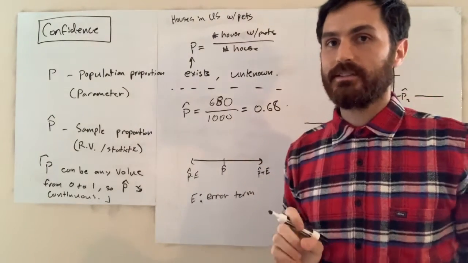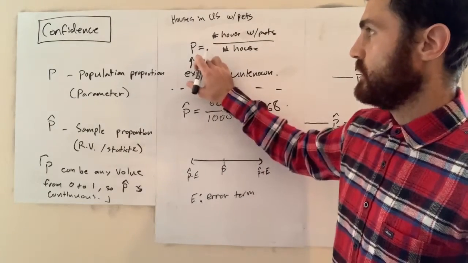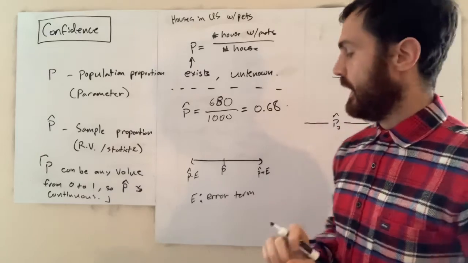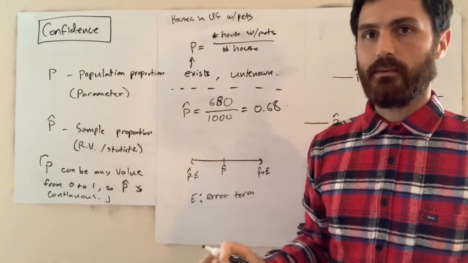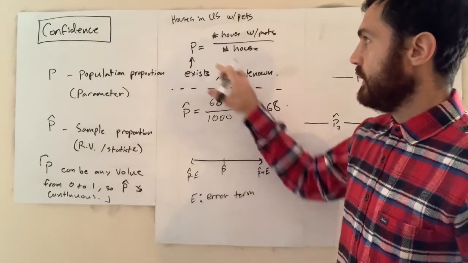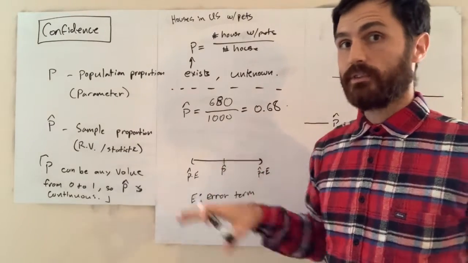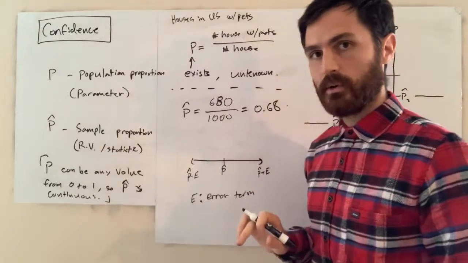And our confidence is going to be how many times this thing is going to actually capture our parameter. That's the confidence. So you can think about it as, if I took 100 different samples, how many times out of those 100 samples is the parameter going to land in this interval, if the interval is the same length the whole time, if we still use the same error term.